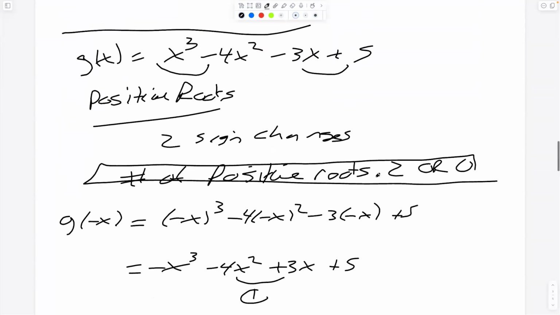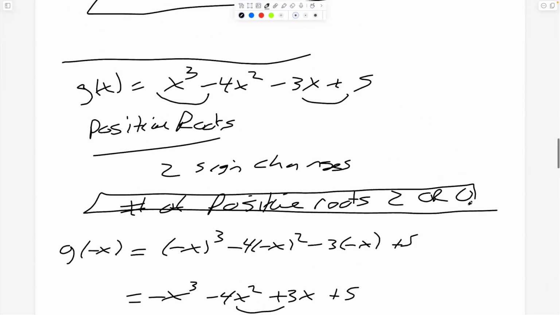See here, I might have 0 positive roots. So when I got to here, I don't even know if this thing has any real solutions at all. It might have 2 positive roots, which would then guarantee that it had 1 negative root, because you can't have one complex solution.